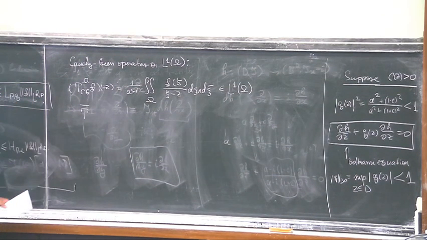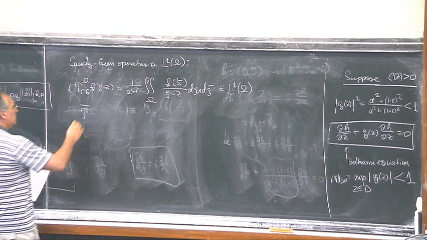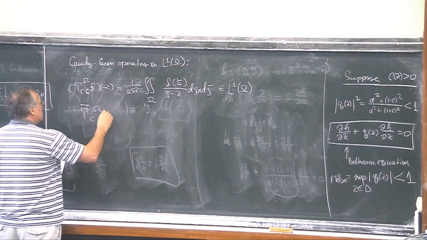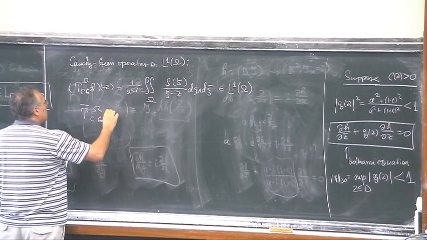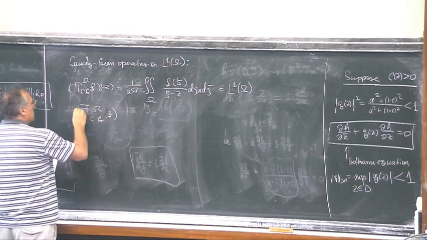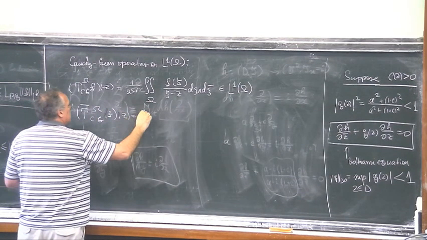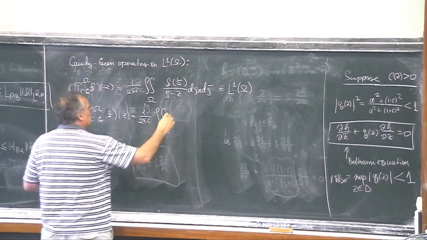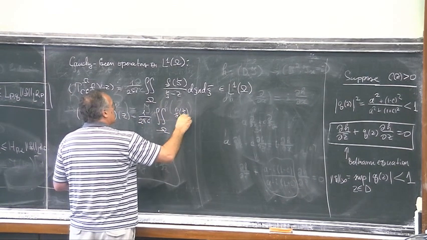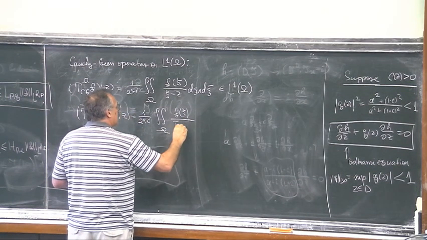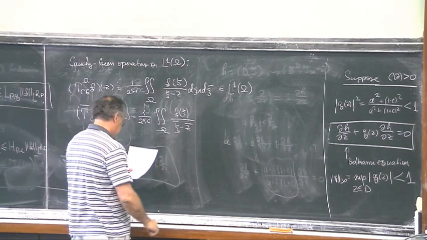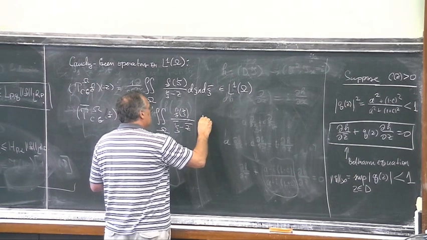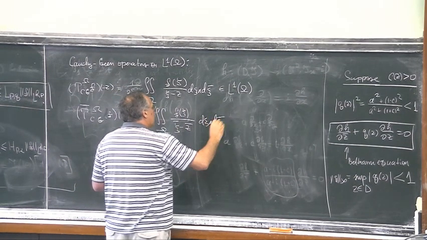And just for reference, we shall need one more operator, the conjugate Cauchy-Green of z, with f of psi over psi bar minus z bar, d psi bar.